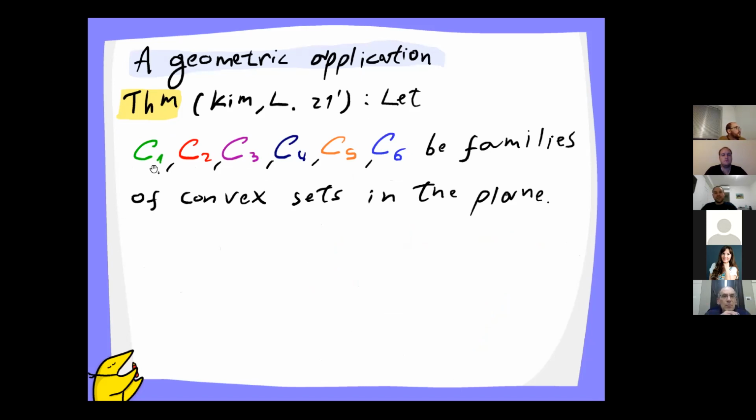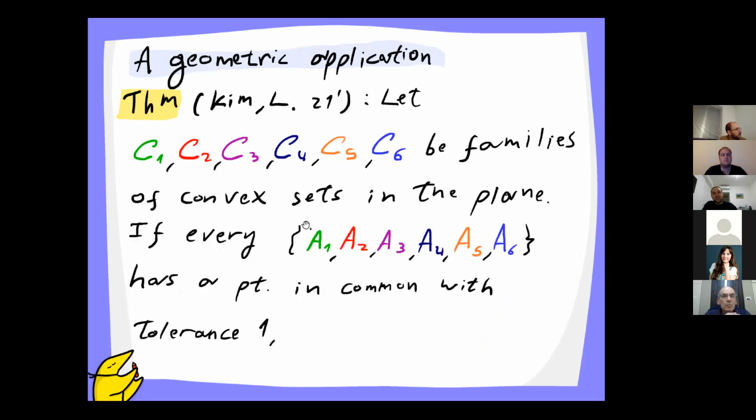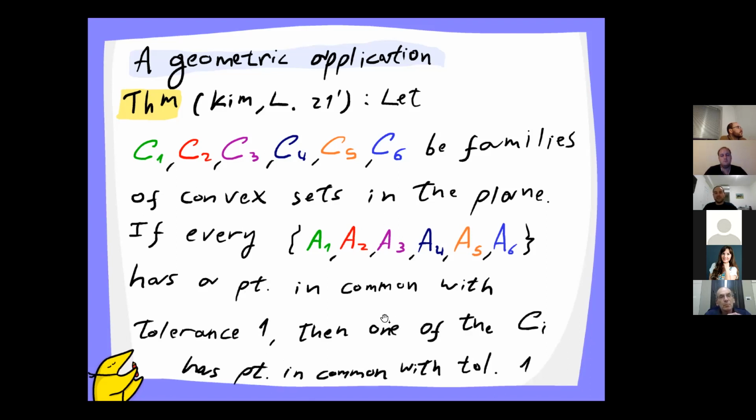So let C1 up to C6 be families of convex sets in the plane, and assume that any colorful subfamily, so any family consisting of one set from each of these families, if any such subfamily has a point in common with tolerance 1, then there must be some i such that Ci also has a point in common with tolerance 1.